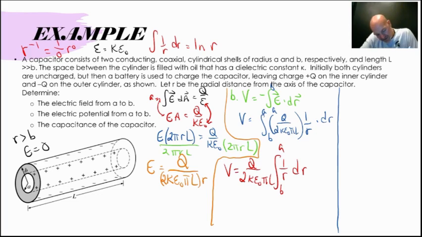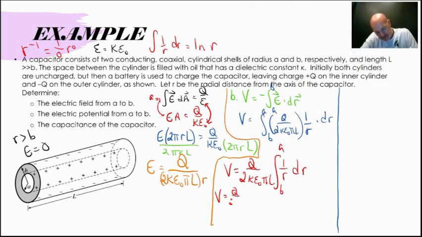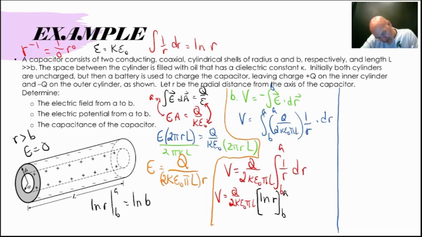So we're going to do Q over 2 kappa epsilon naught pi L. See, I keep messing up where to write things. We know what our answer is. We know it's going to be ln of R, and we're evaluating that from B to A. So ln of R evaluated from B to A is going to be ln B minus ln A. Oh, Algebra 2, you learned log properties.